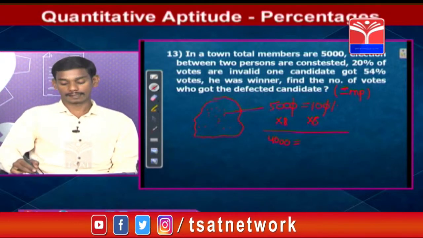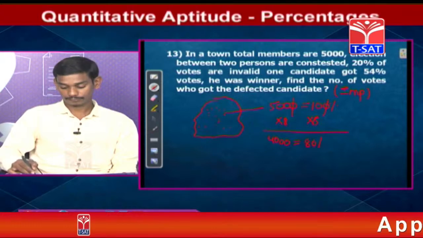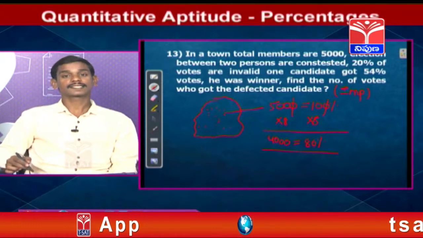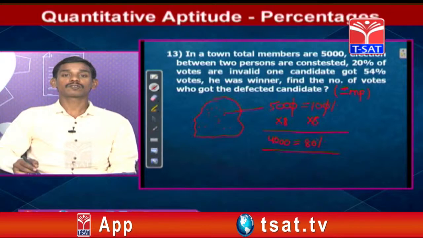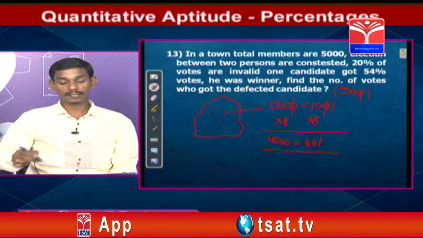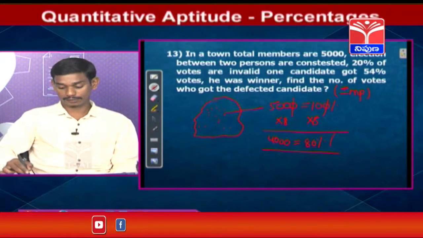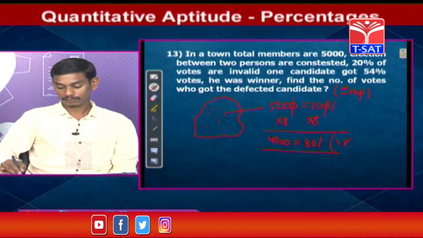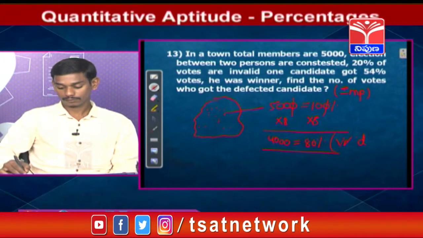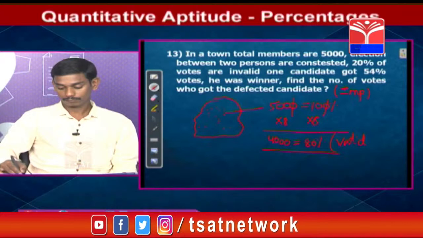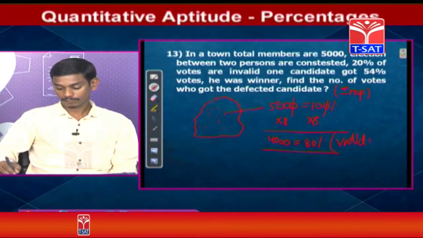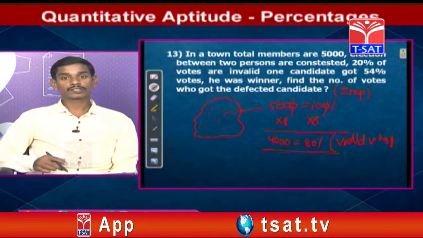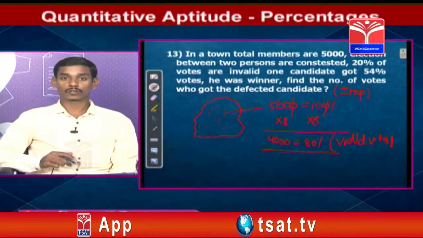So 10 into 8, 80%. Simply, yes, here 80% is equal to 4000. That is the valid votes. So valid votes 80%, that is equal to 4000.